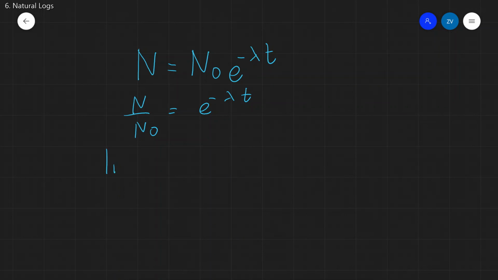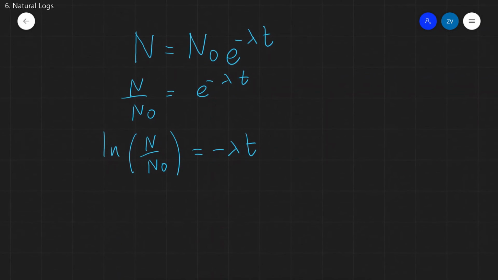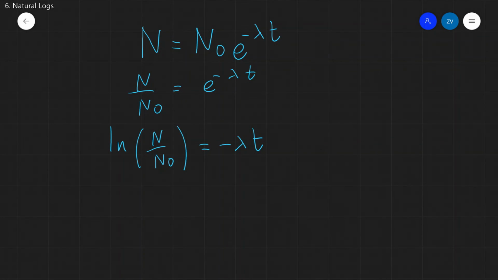Now let's take the ln of both sides, so that will be equal to ln of n over n naught. Now if we were to take the ln of e to the minus lambda t, what we're going to get is simply minus lambda t, so that's what I'm just going to write down. So this is equal to minus lambda t. Now let's think about this ratio.